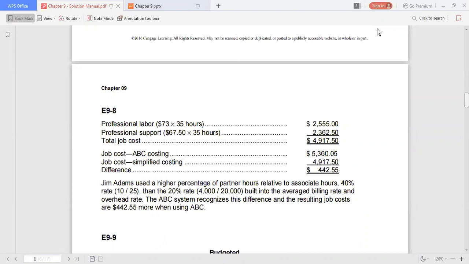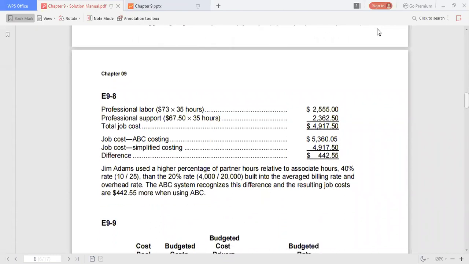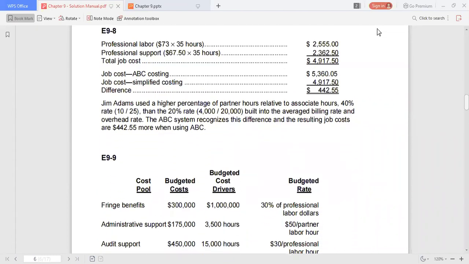The ABC system recognizes this difference and the resulting job costs are $442.55 more when using activity-based costing.